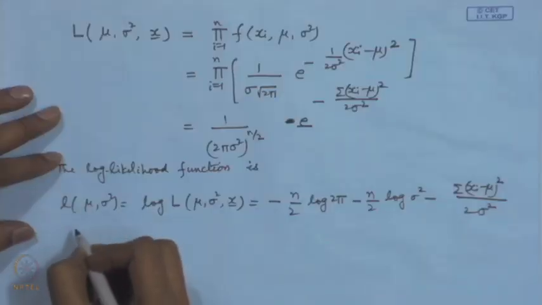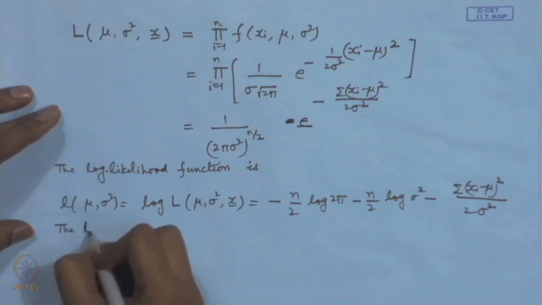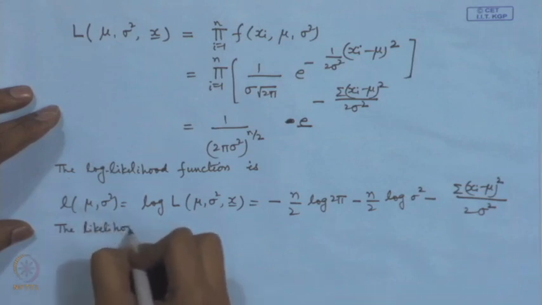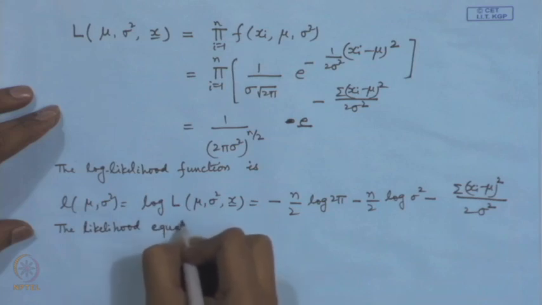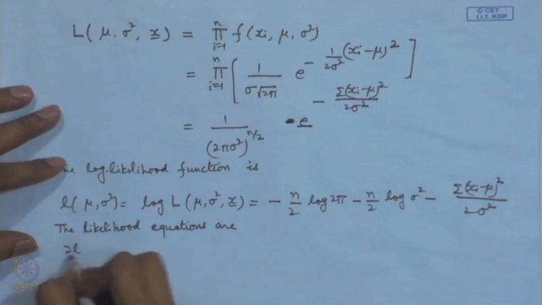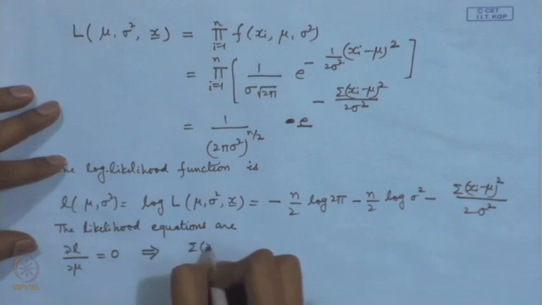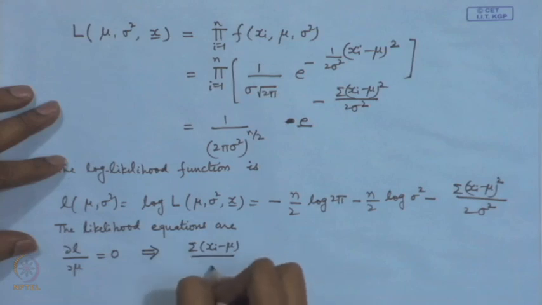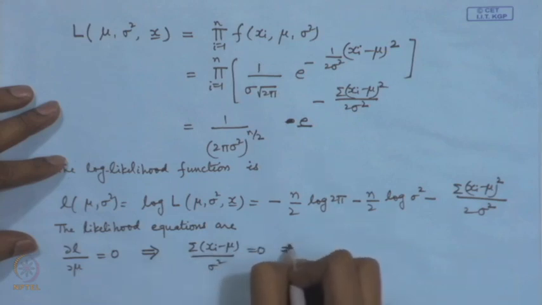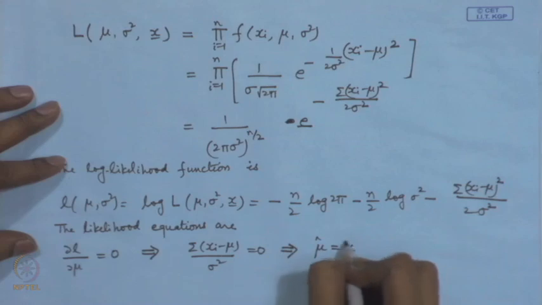So, in this case, for example, we write down the likelihood equations. del L by del mu is equal to 0, that is sigma (x_i minus mu) by sigma square is equal to 0, which can be easily simplified. Sigma square is in the denominator, that would give me mu hat is equal to x bar.